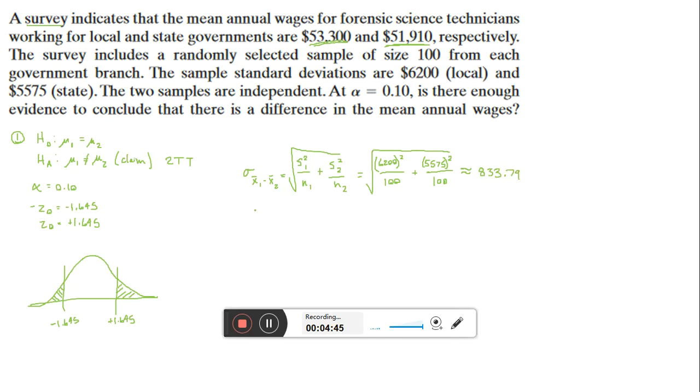Now let's calculate our z statistic to see whether this rejects or fails to reject. I'm going to have my average for the sample, x bar 1 minus x bar sub 2, all minus mu sub 1 minus mu sub 2, all divided by our standard deviation statistic. There's our formula, let's plug in.